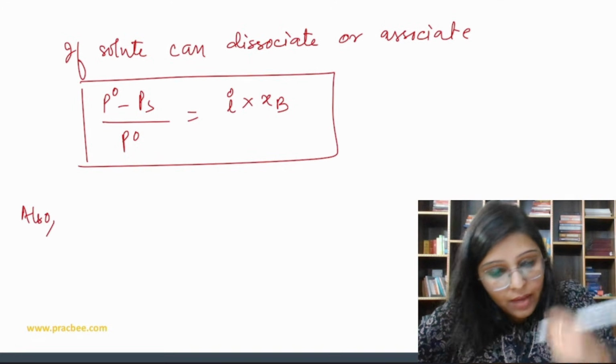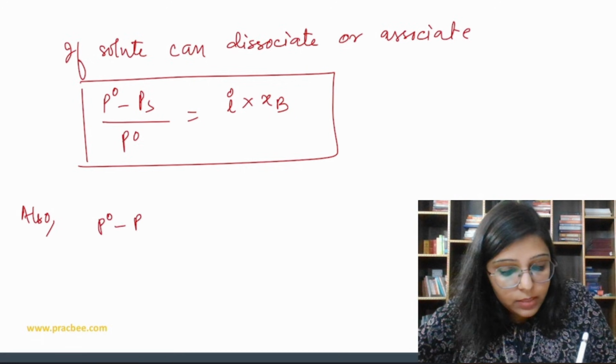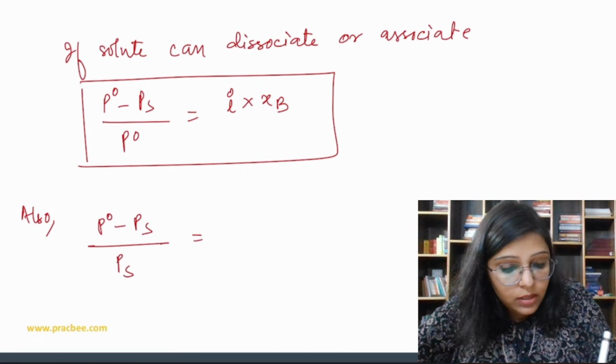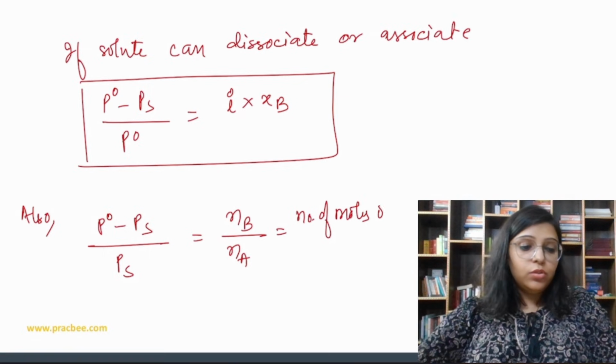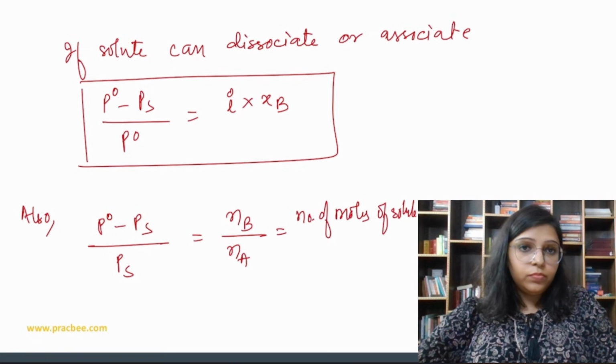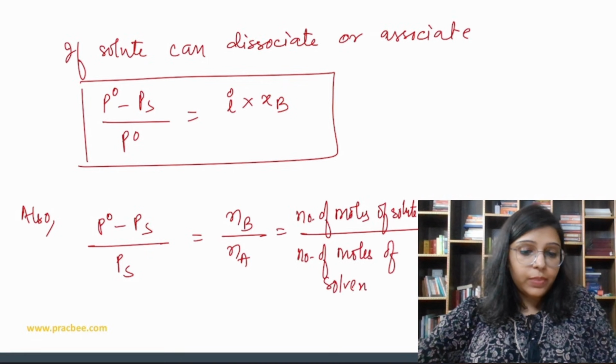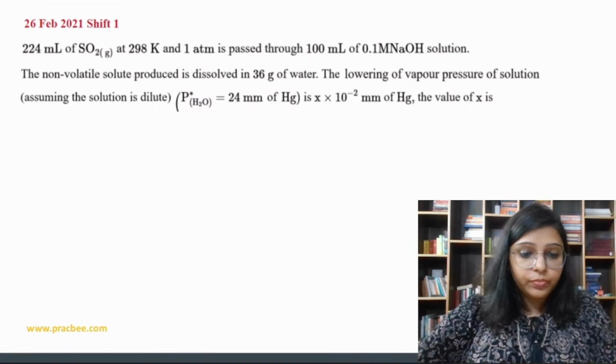Also, we have one more formula: P naught minus PS with respect to PS is equal to number of moles of solute divided by number of moles of solvent. Okay, now let's do a question.